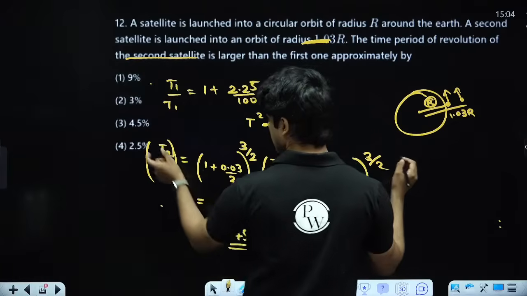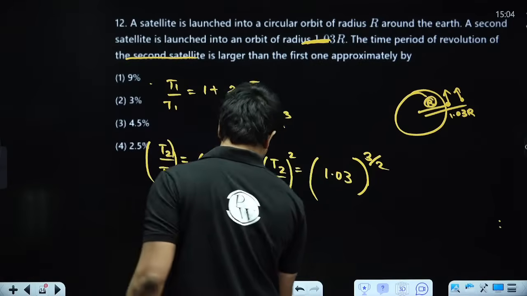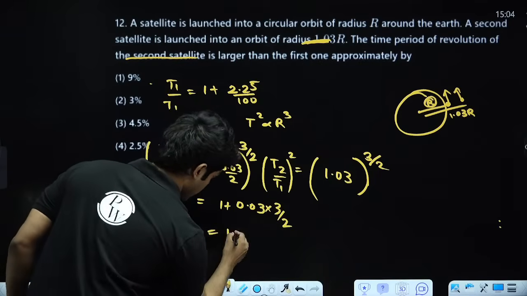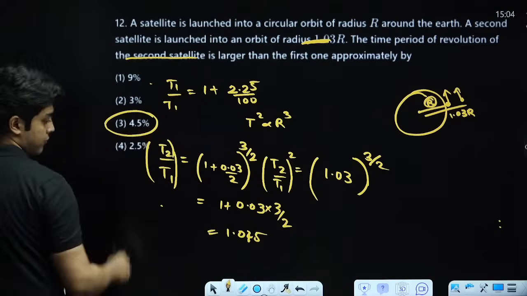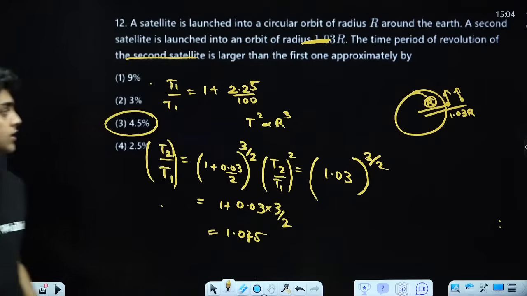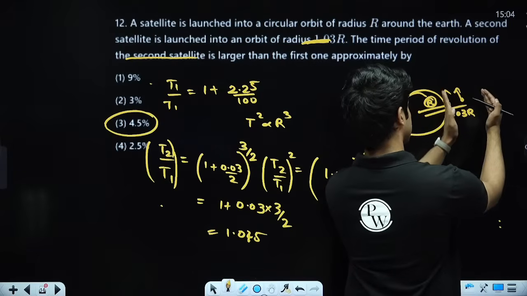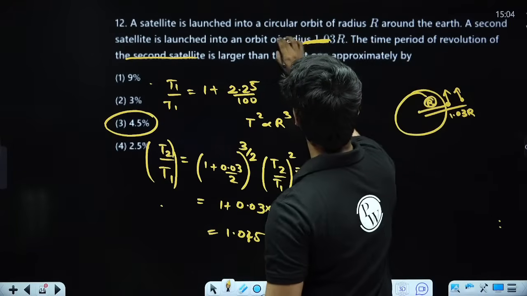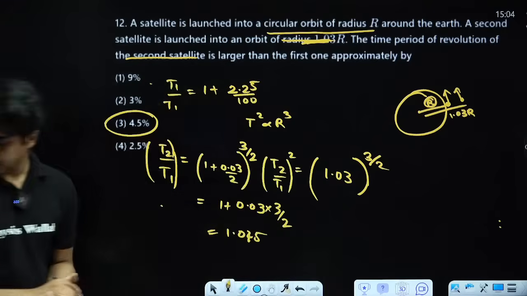Yeah, 1.045. So it is larger by 4.5%. Okay, so actually the circular orbit was R. I thought it was the distance from the surface of the Earth. But they have mentioned it's the circular orbit, so it's fine. It'll be 4.5 actually.